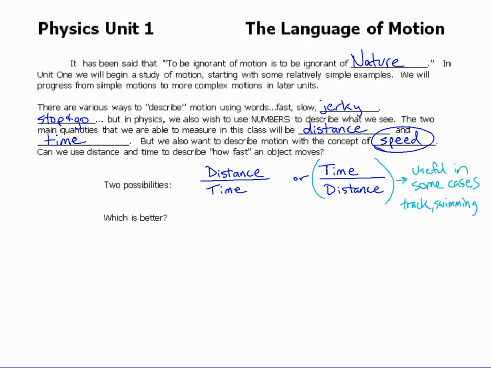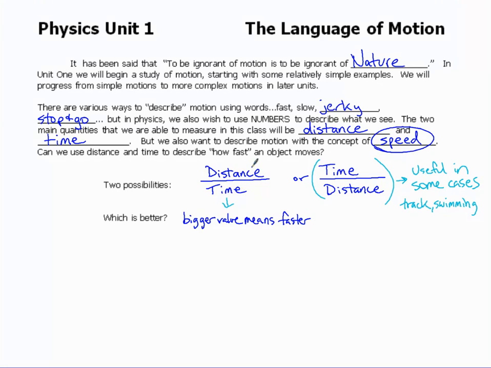Which one is better? Let's look at distance over time. When you do distance over time, we find that a bigger value means faster. So distance over time, I went 2 miles in 1 hour. Not very fast.